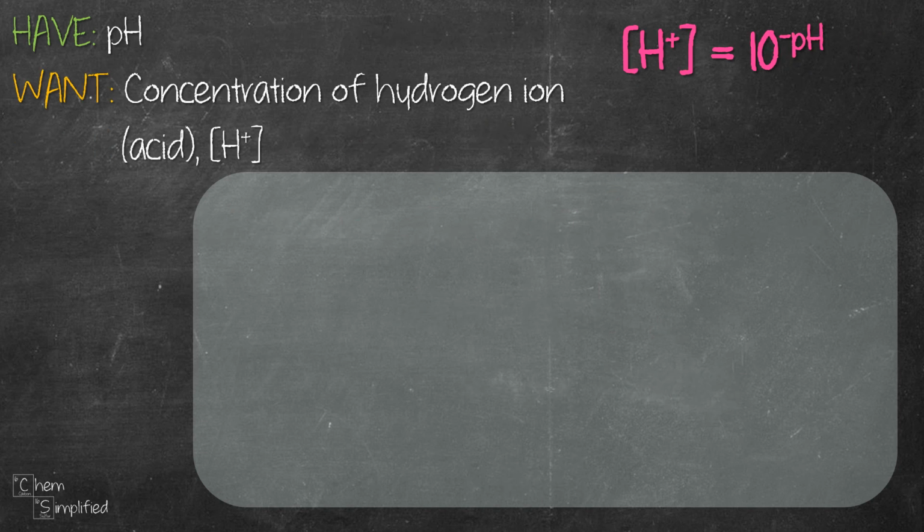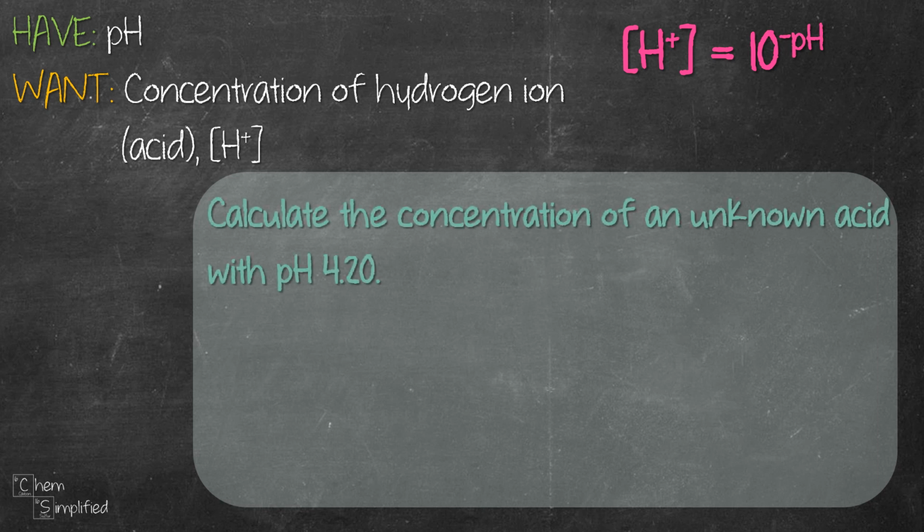Now let's move on to our second equation, which is [H+] equals the anti-log of negative pH. This is the opposite of the first equation we just looked at. We use this equation when we have the pH and we need to find the concentration of H+. The question wants us to find the concentration of an unknown acid, which means that's the concentration of H+, and it gives us the pH, which is 4.20.